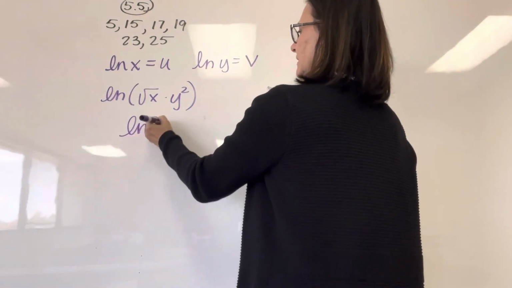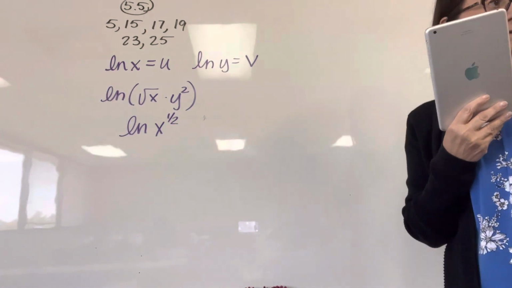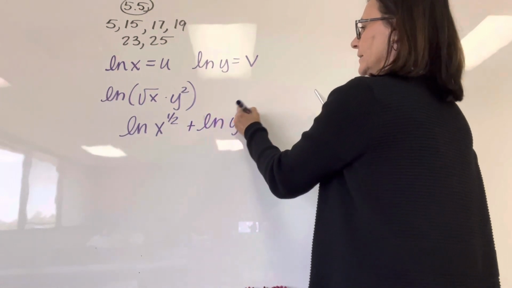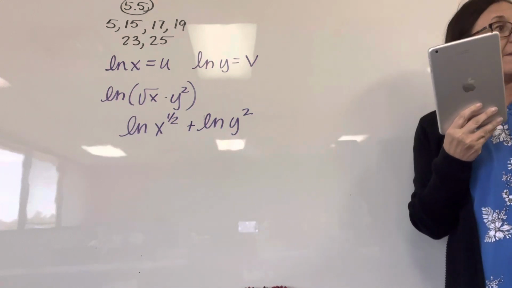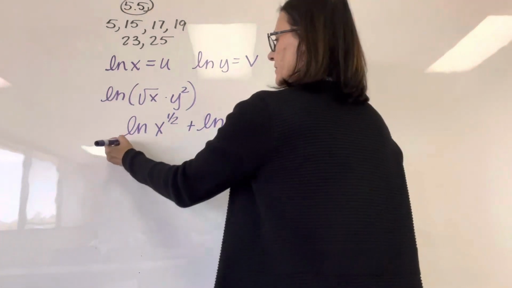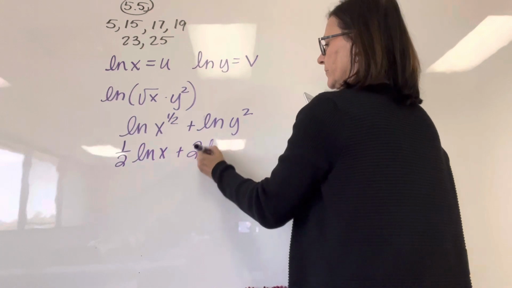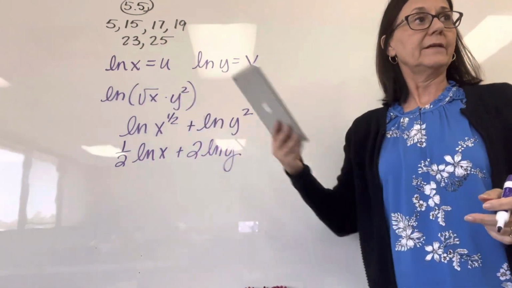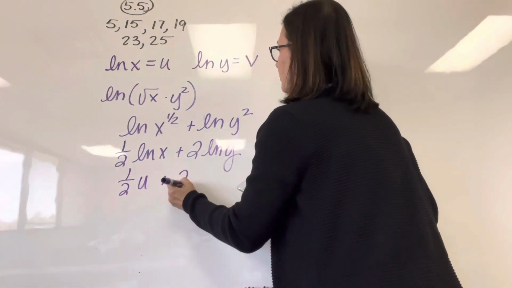So it's the ln of x to the 1/2, that's the square root of x, plus the ln of y squared. Move your exponents to the front because power is multiplication. So this is 1/2 ln of x plus 2 ln of y. For ln of x, we substitute u. So it's 1/2 u plus 2v.